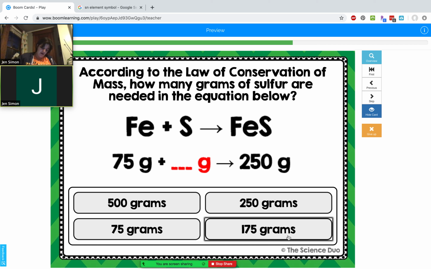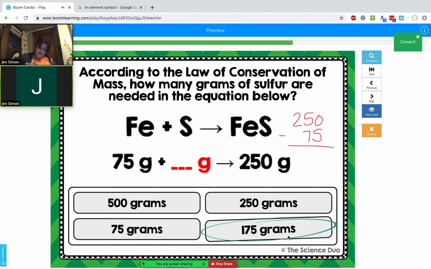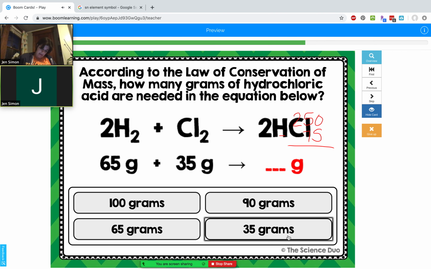Same thing again here. 75 plus something gives us 250. So do 250 minus 75. And you get 175 for your answer. This one, 65 plus 35 equals what?